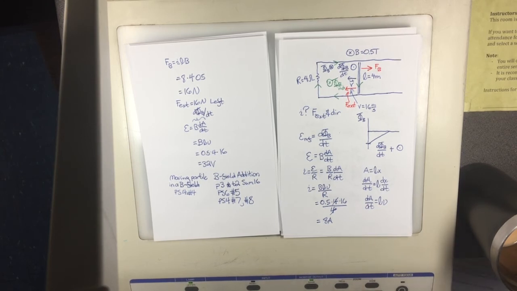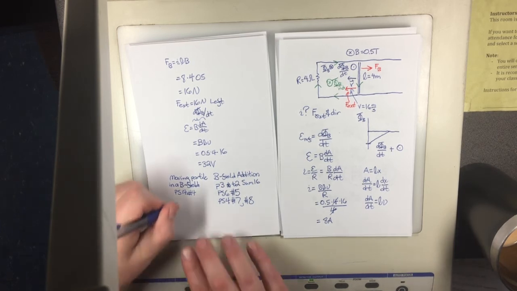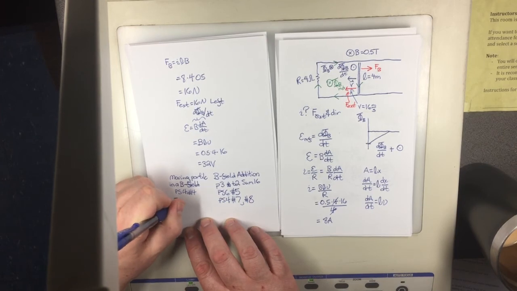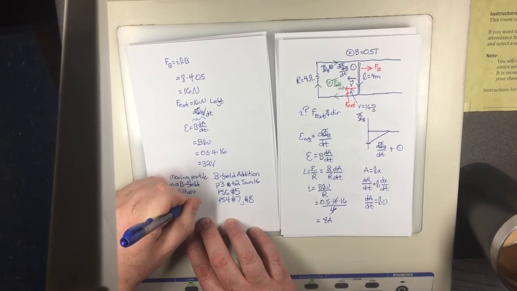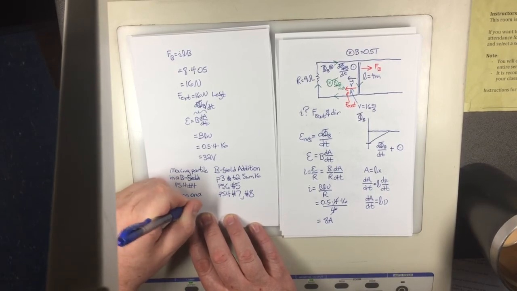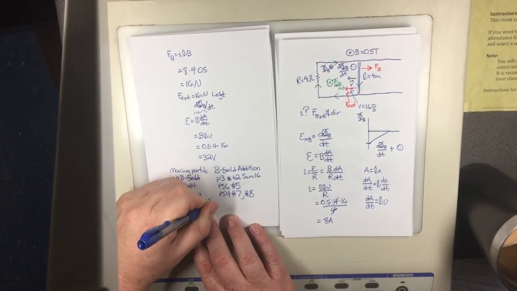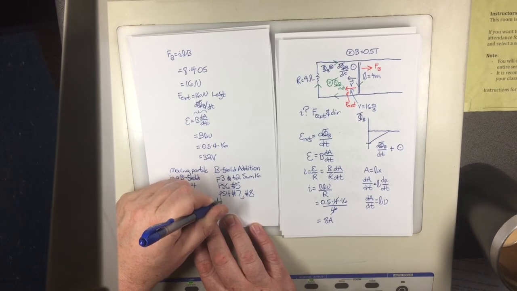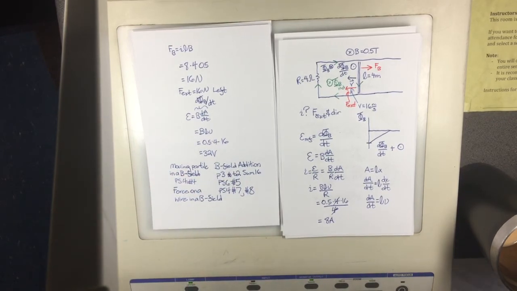The third one is force on a wire in a B field. And I would look at, so we got today, all weekend, and on Monday. Wow, we got a lot of time.